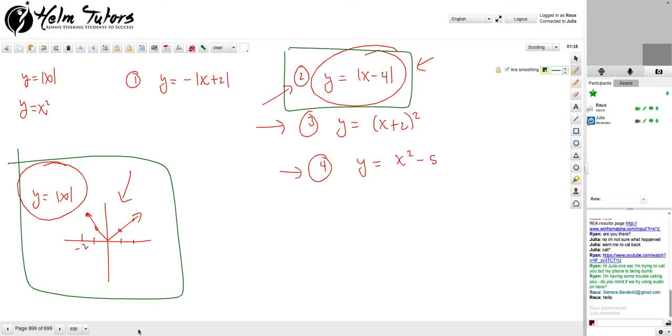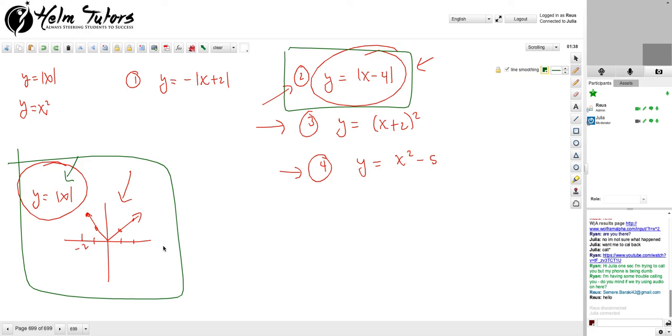Yes, those are absolute value bars. So you're comparing it to the parent absolute value of x. Because it's on the inside, it's the opposite, right?